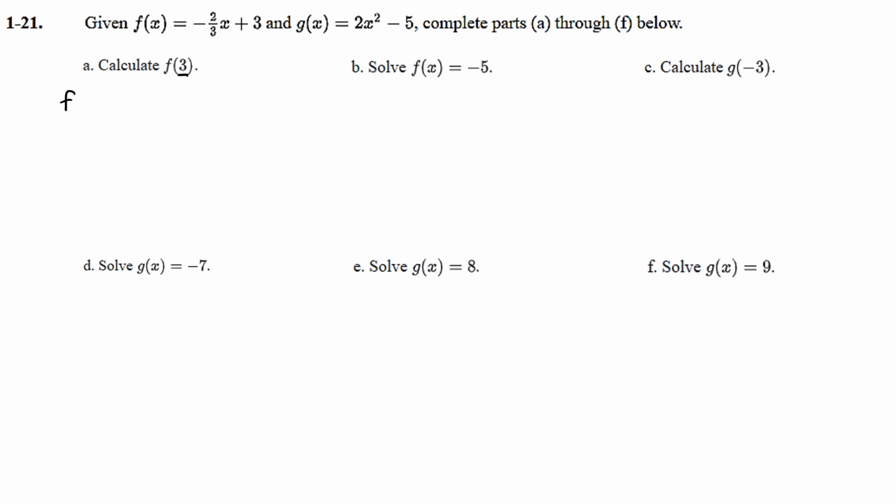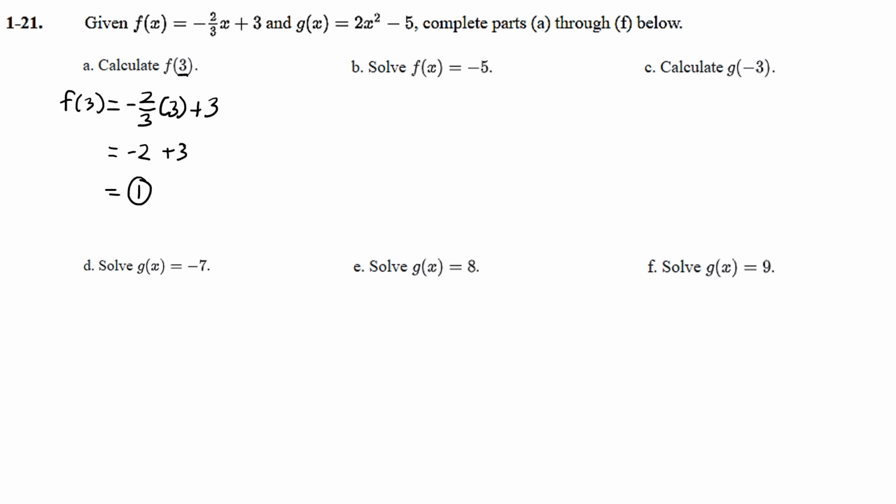So we plug in that 3 for the x and evaluate. 2 times 3 is 6. 6 divided by 3 is 2. That's negative 2, then plus 3, and negative 2 plus 3 is positive 1. So f of 3 is 1.